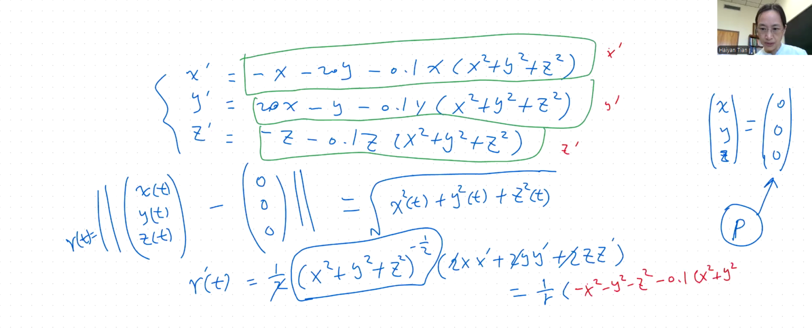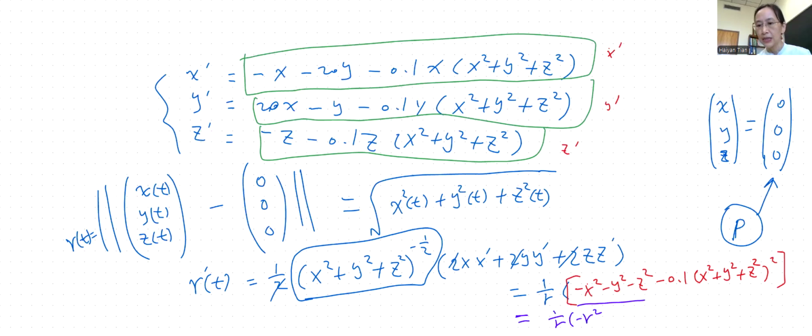Yeah, after you take some time, and then we can get this quantity. And now notice we can rewrite this quantity as negative r squared, right? So we still have 1 over r. This is negative r squared.